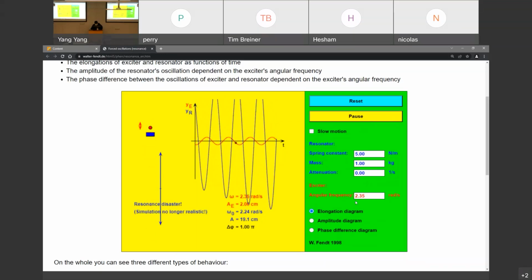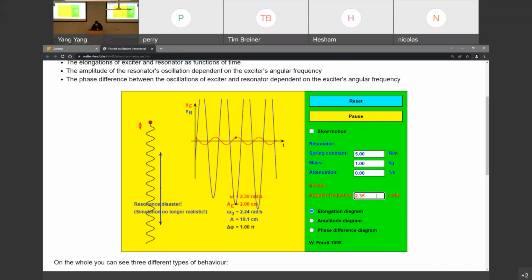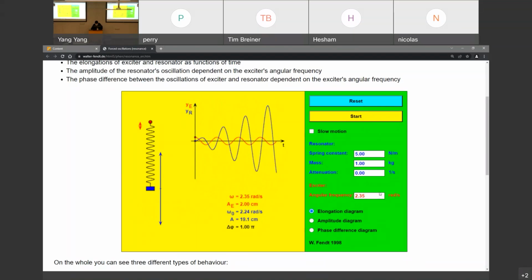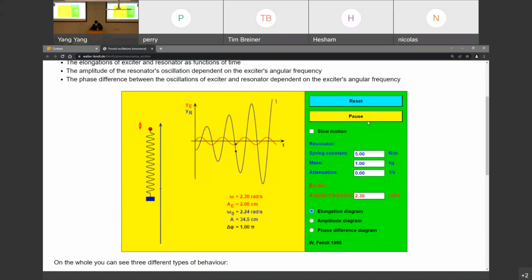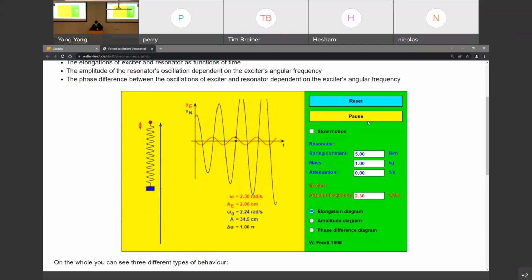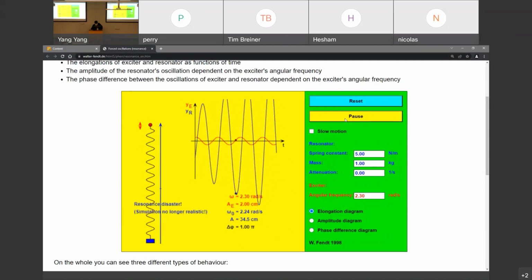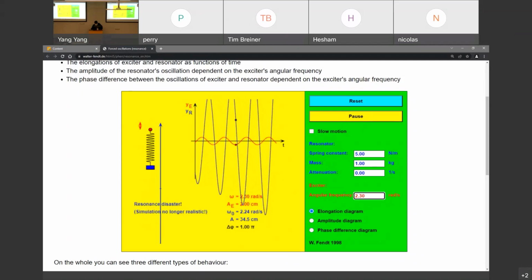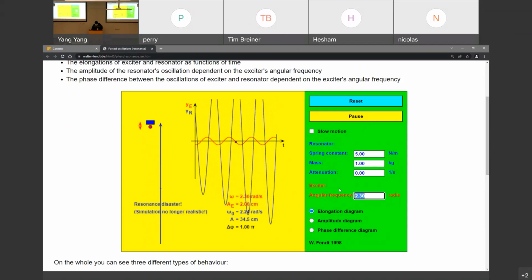So that's resonance. But how about 2 point? Still a disaster. Still resonance. Just put 2.1.